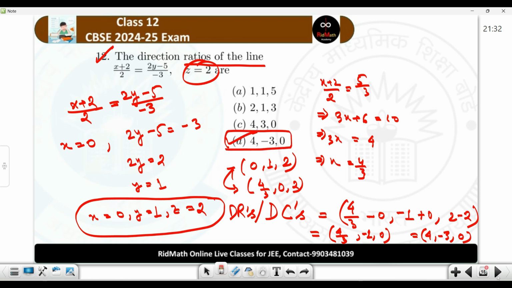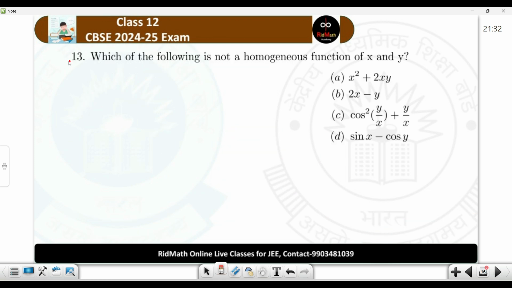Okay, next problem. Question number 13. Which of the following is not a homogeneous function of x and y? The functions are x² + 2xy, 2x − y, cos²(y/x) + y/x, and sin x − cos y.